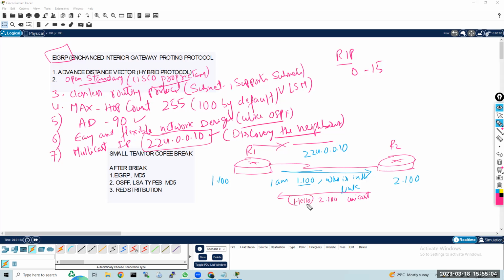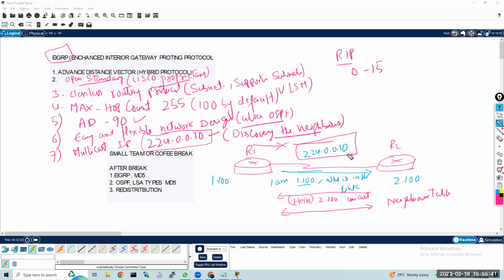He sends the hello message, then they form the neighborship and build the neighbor table. As I told you, every protocol must have some multicast IP for initial configuration. Understood, guys? Yes.